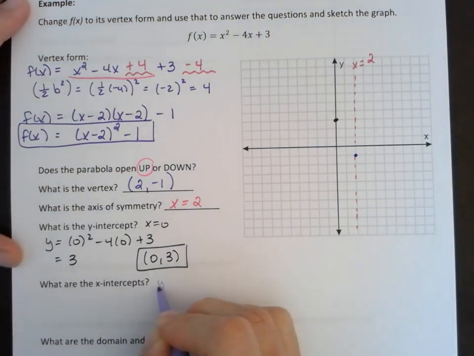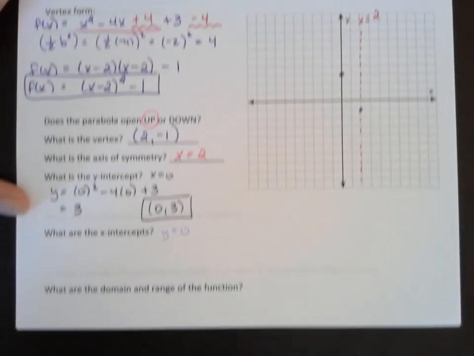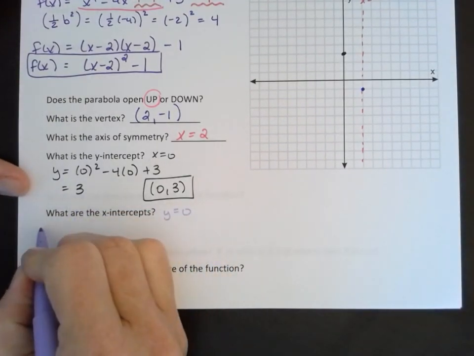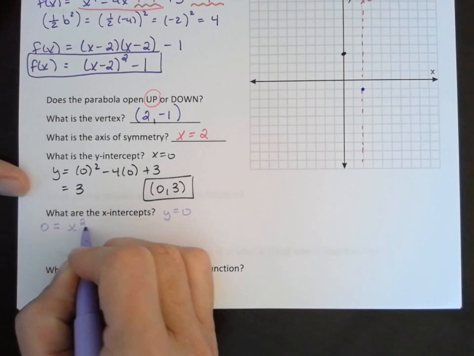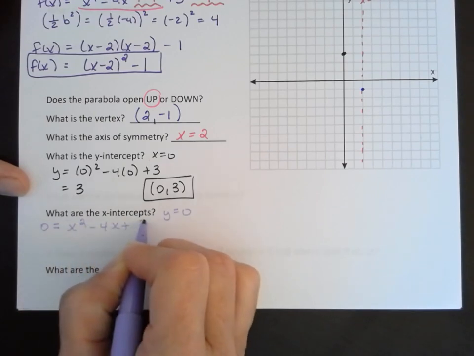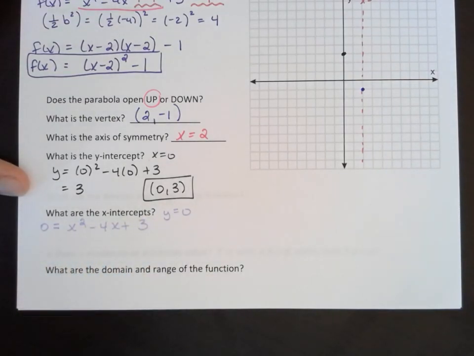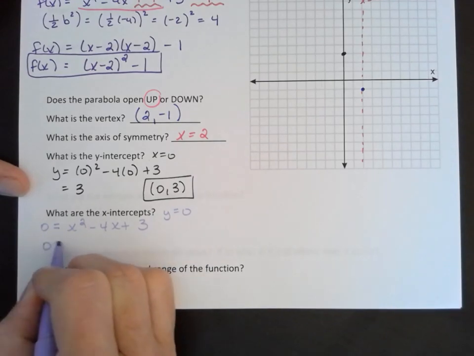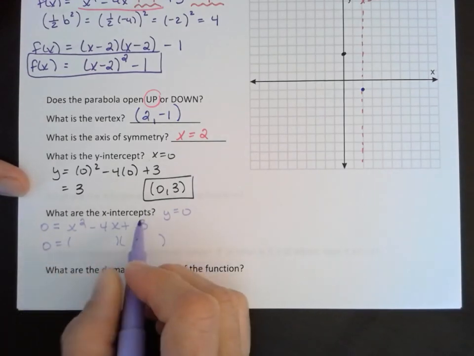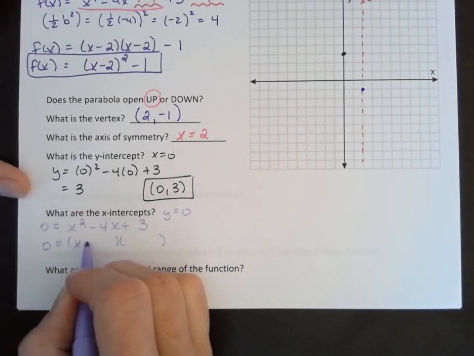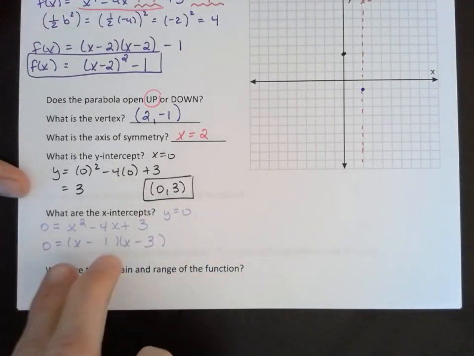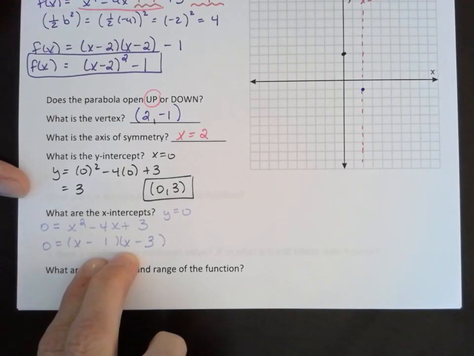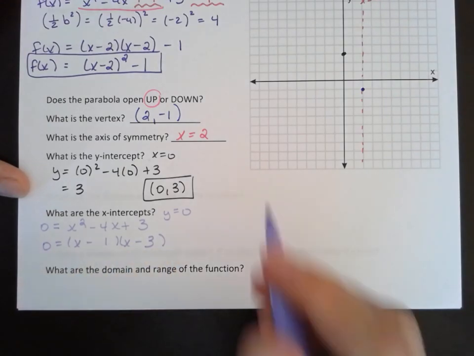That's where y is equal to 0. So we have 0 equals x squared minus 4x plus 3. This time the function will factor. Factors of 3 that add up to -4 would be a -1 and a -3. Just want to double check my work.